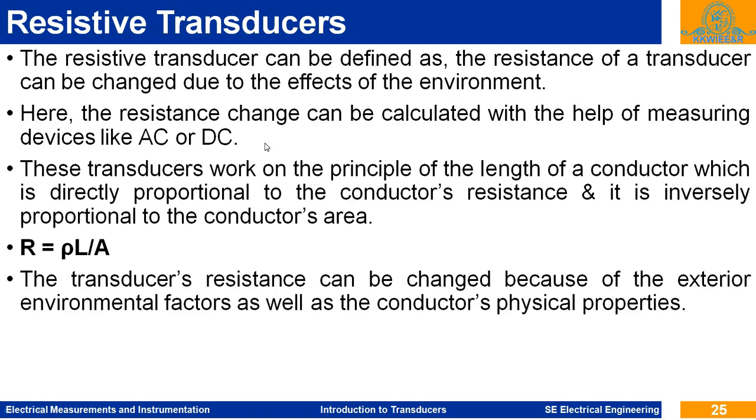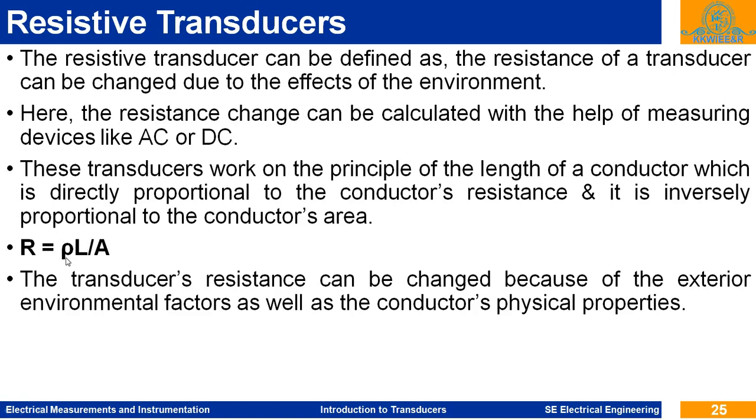These transducers work on the principle that the length of the conductor is directly proportional to the conductor's resistance, and it is inversely proportional to the conductor's area. As we know, the resistance R is equal to rho L by A. Rho is the resistivity of the material.